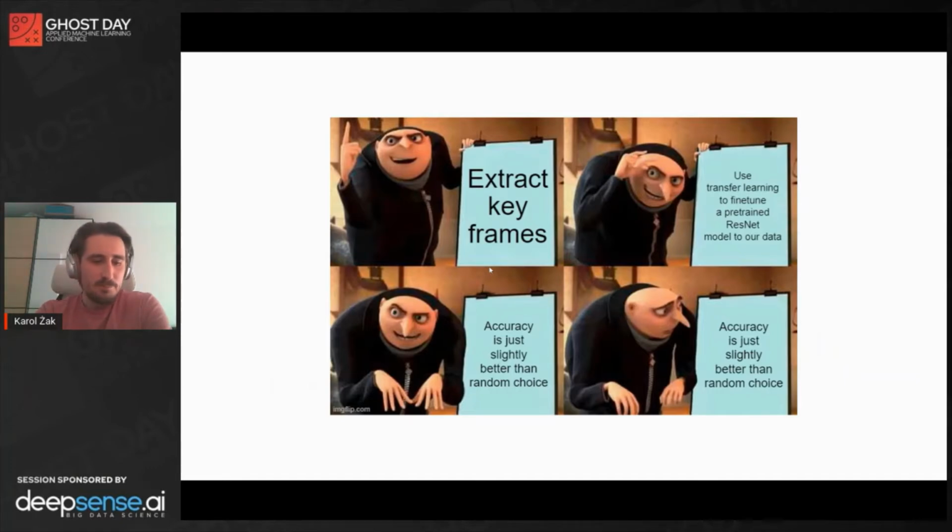Yeah, basically, we tried that. We extracted keyframes. We fine-tuned the network on our data, and it was just not good. The accuracy that we received was just slightly better than random choice.